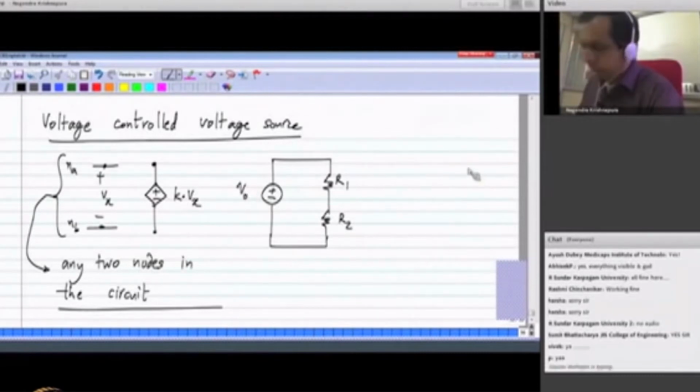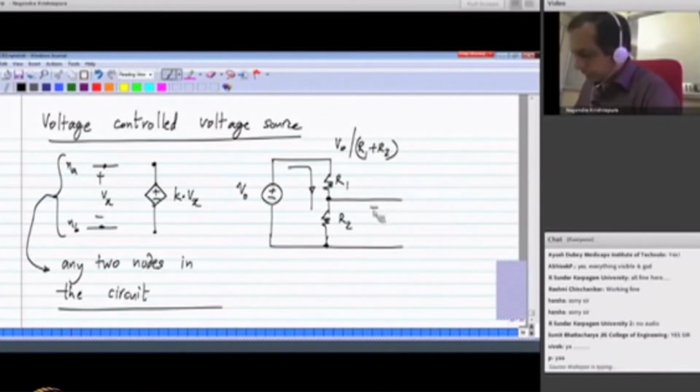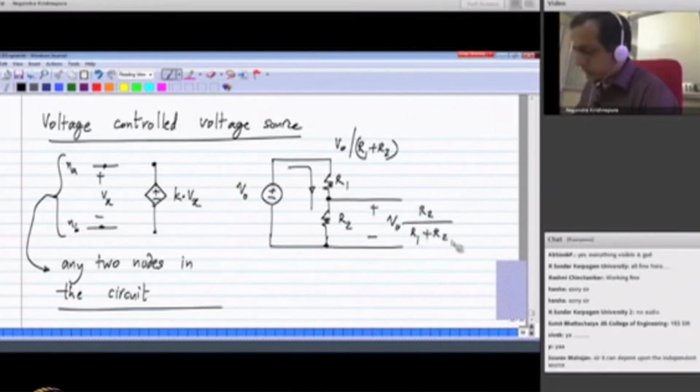Let's say I have V0 connected to two resistors R1 and R2. The current flowing here would be V0 divided by R1 plus R2, because the series combination of the resistors results in a single resistance, which is the sum of the resistances, and the voltage across this is V0 times R2 divided by R1 plus R2.